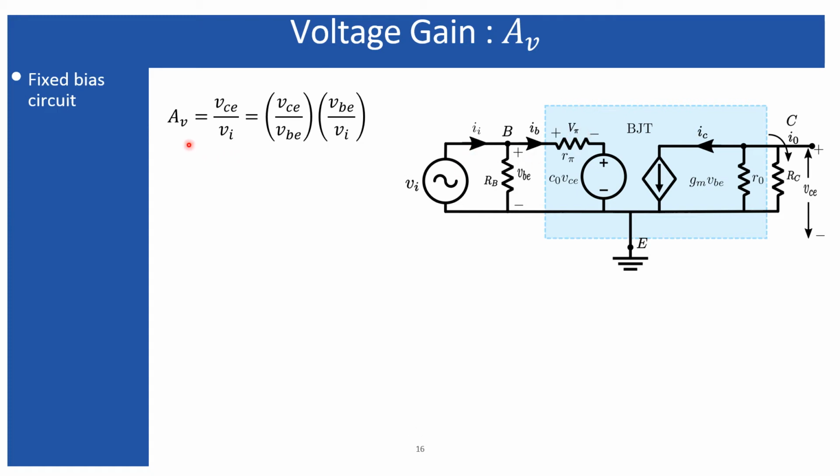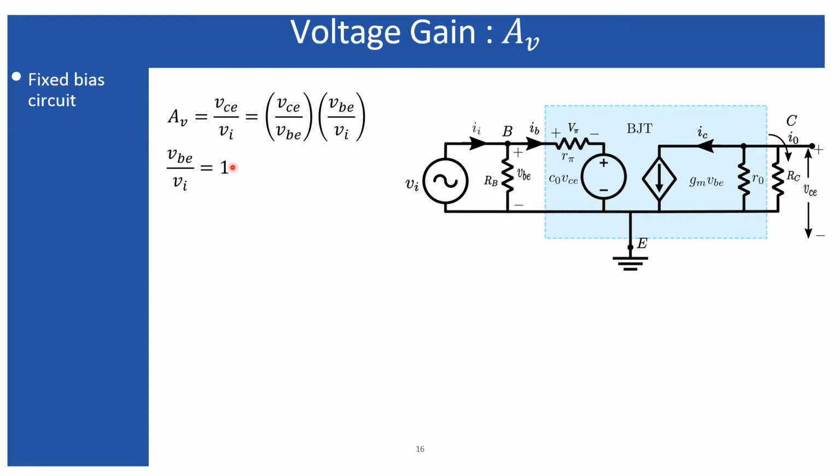Now the voltage gain. Voltage gain is equal to output voltage to the input voltage. So output voltage is equal to VC, and input voltage is equal to VI, which is the voltage I have applied. So this ratio can even be written in the form of VC to VB and VB to VI.